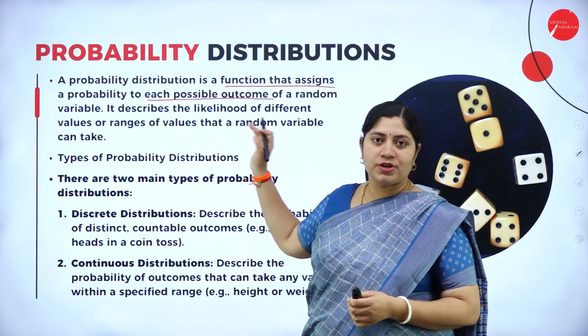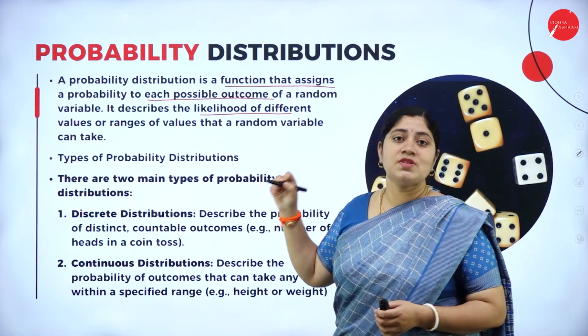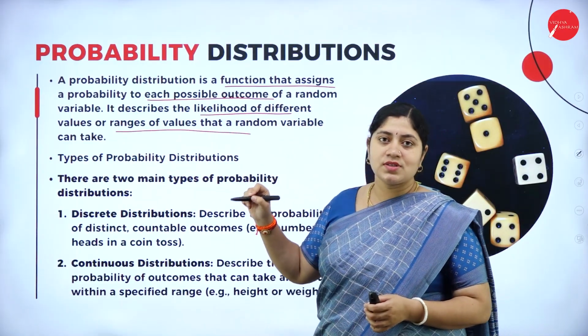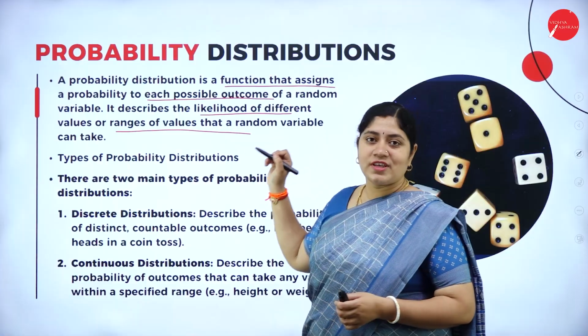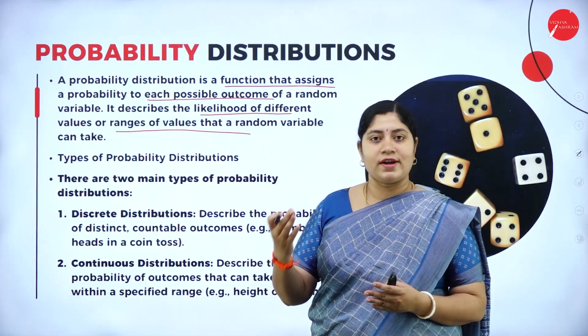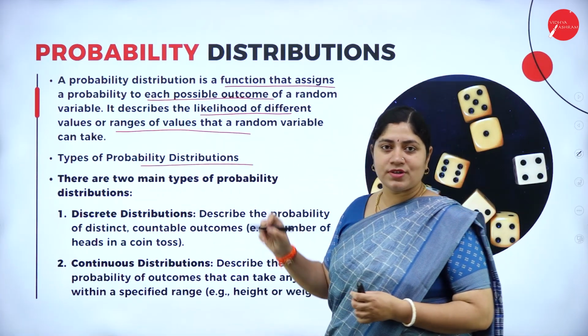That's nothing but probability distribution. Now let's see what it describes. It describes the likelihood of different values that range, and it is represented or assigned to different random variables.